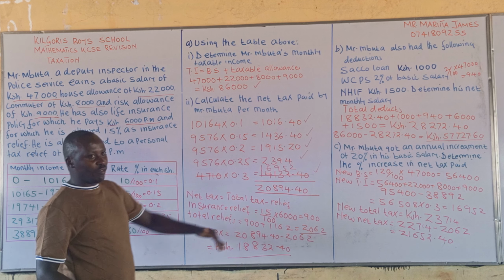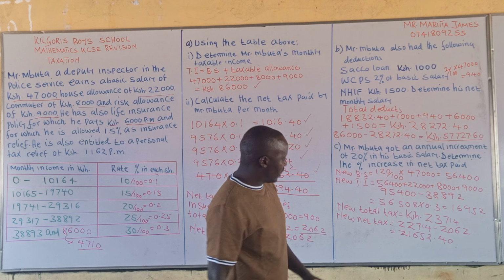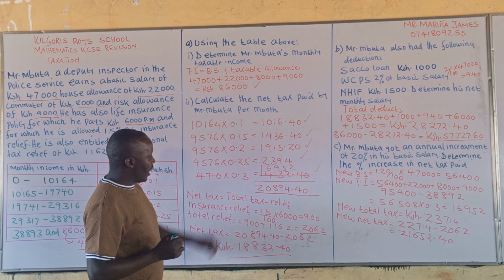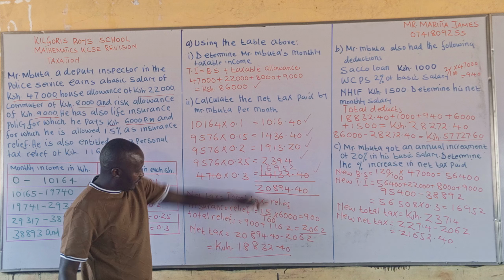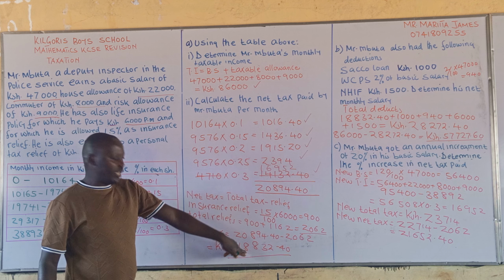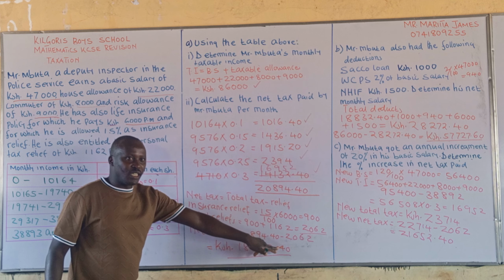Now in this case, we have to get the change in net tax. The old net tax is 18,832.40.